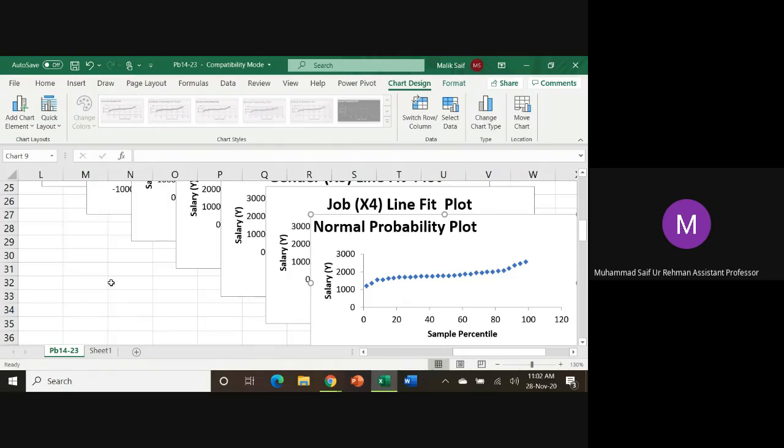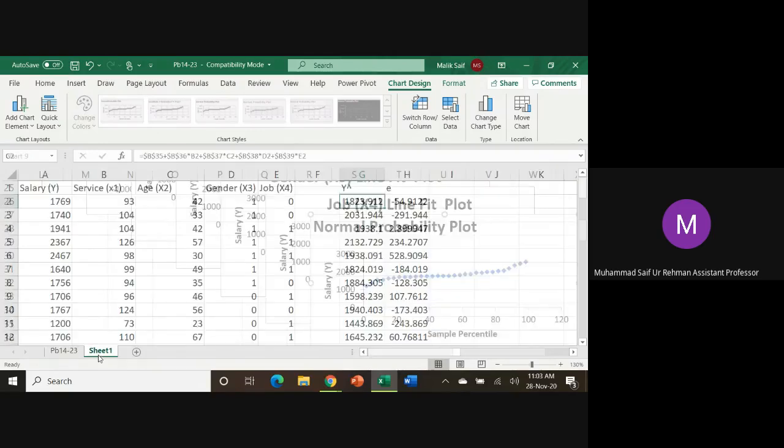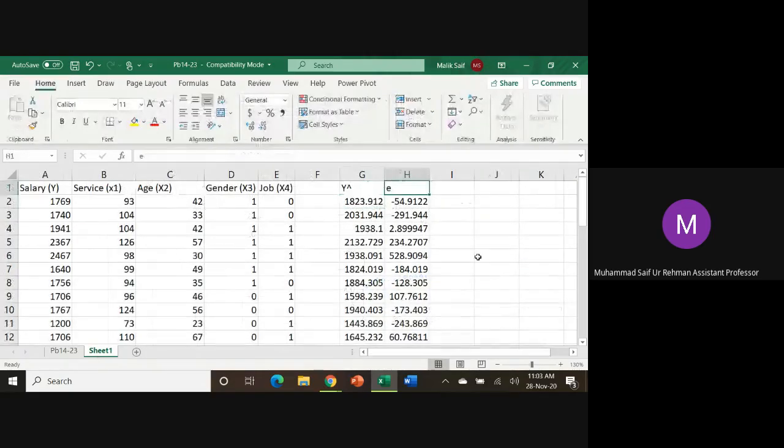First of all, we are interested in knowing the multicollinearity issue in the analysis, whether it is there or not. We will use this value E later on when we discuss heteroscedasticity and autocorrelation.